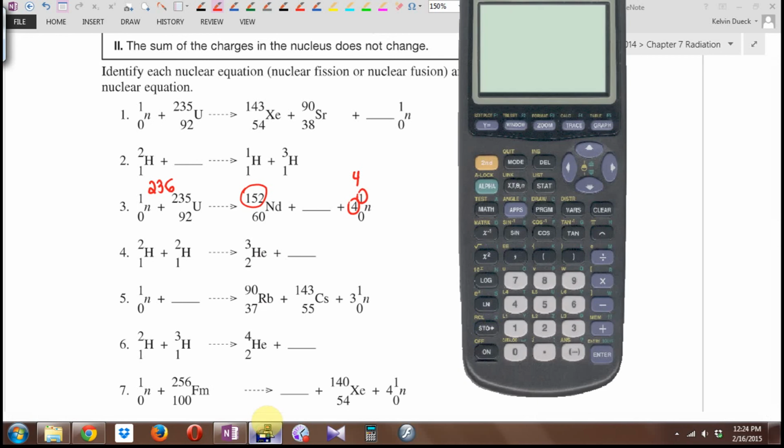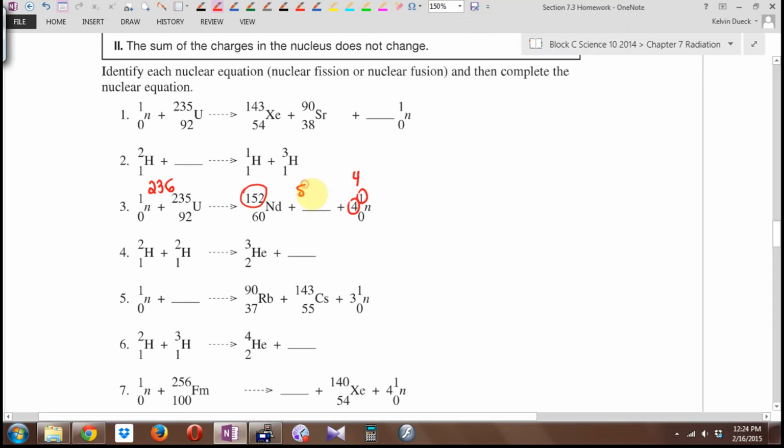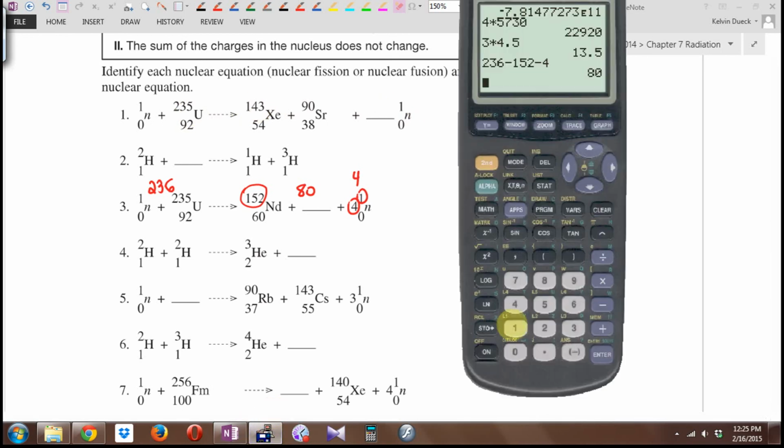So what's left over for mass? 236 minus 152 minus 4. This has to have a mass of 80. So going to your question, how do I figure out what number goes there? How much mass on the left, how much on the right? It has to add to 236. Right now I have 143 and 90.